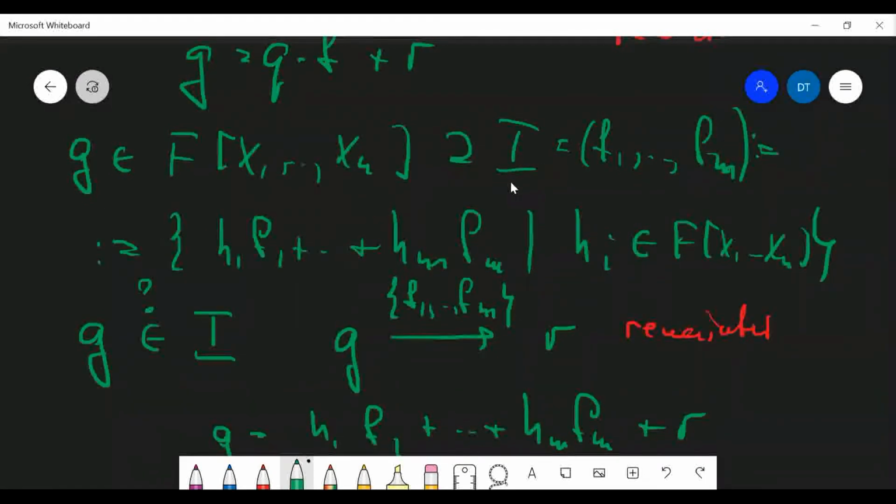This is what I mean when I say that you can replace the set by a better set, a Grobner basis, with better properties. It becomes a Grobner basis, and it generates exactly the same ideal.